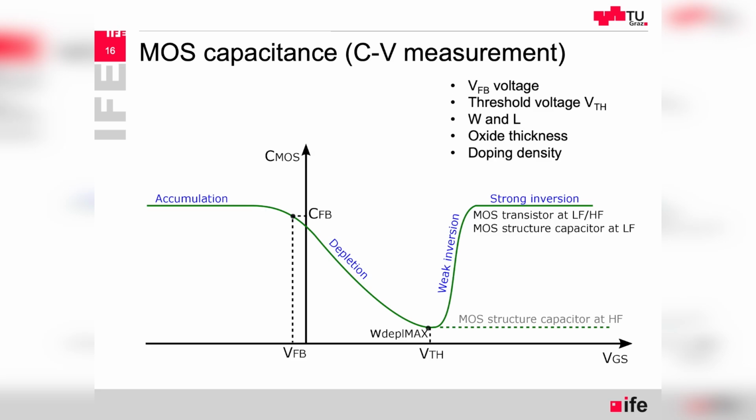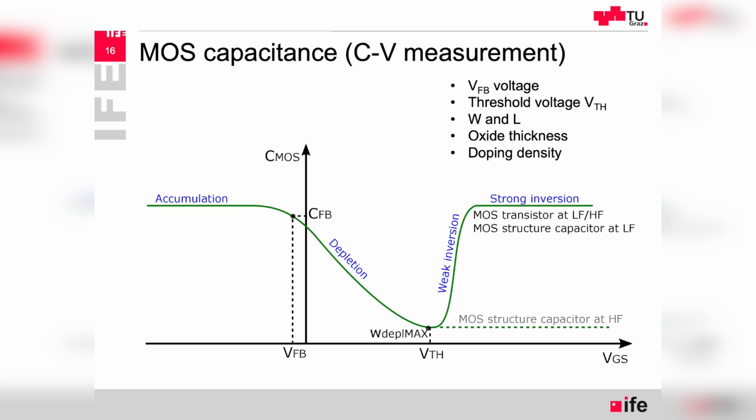However, if we consider the MOS structure, the capacitor without drain and source, then we still have the depletion capacitance. And the depletion capacitance means that there is the level at which everything saturates, and we are continuously at the very low capacitance level. Here, we have a little bit of influence of the characteristic of the signal.